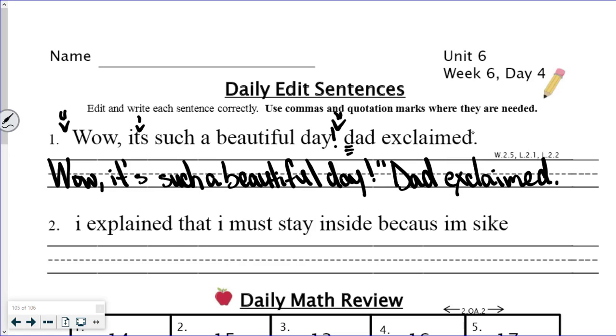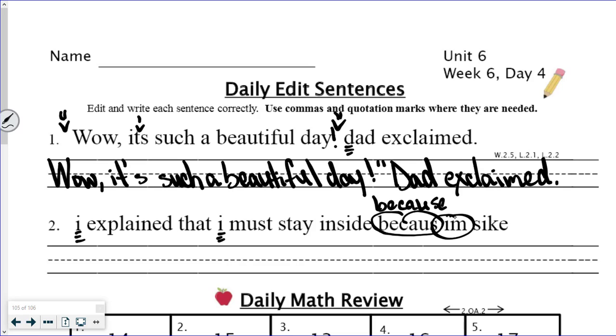Let's move on to number 2. I, capital. Always capitalize the I's. We only need 3 lines. I explain that I must stay inside because is spelled wrong. We need an E at the end: B-E-C-A-U-S-E.